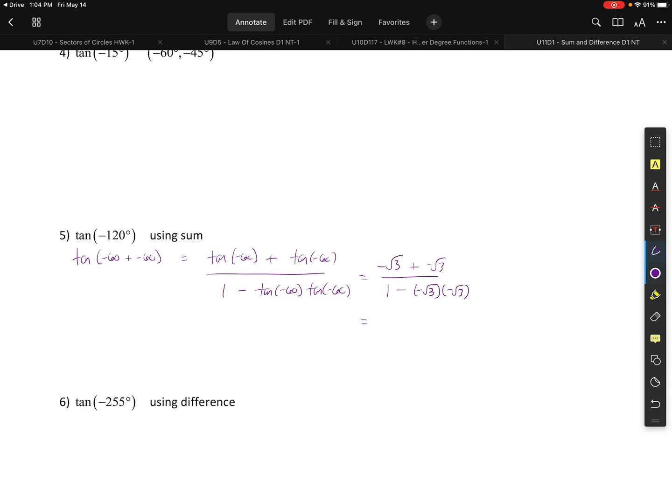So in this situation I got negative 2 rad 3 over 1 minus 3, for negative 2 rad 3 over negative 2, which is rad 3. That makes sense because we don't have to use the unit circle for this. If I add 360, I got tan of 240. My reference angle here: 240 minus 180 equals 60 degrees. I'm in the third quadrant, so reference angle, third quadrant, rad 3. Done.